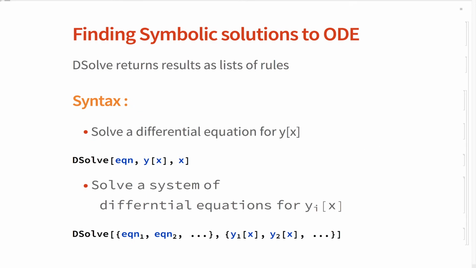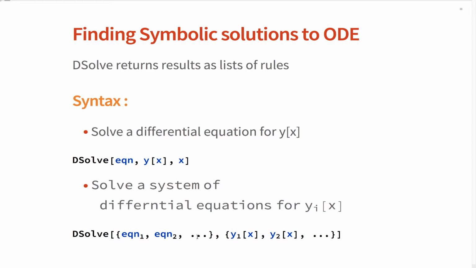So let's start and see what syntax is normally used. The function DSolve returns results as a list of rules. This makes it possible to return multiple solutions to an equation. Similarly, for a system of equations, possibly multiple solution sets are grouped together.